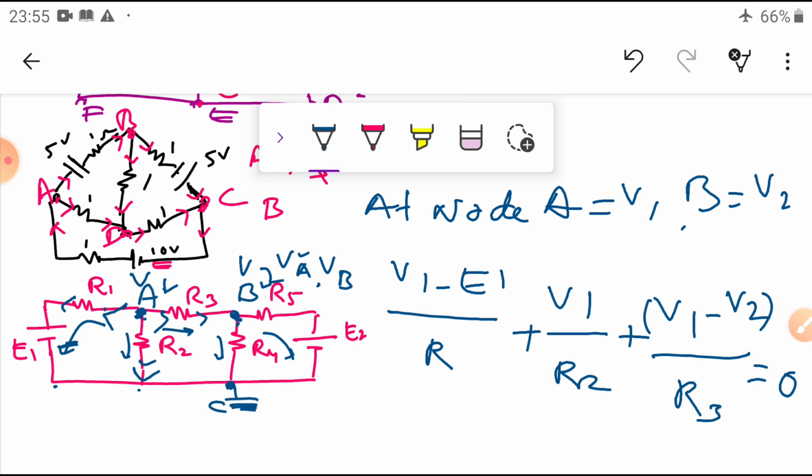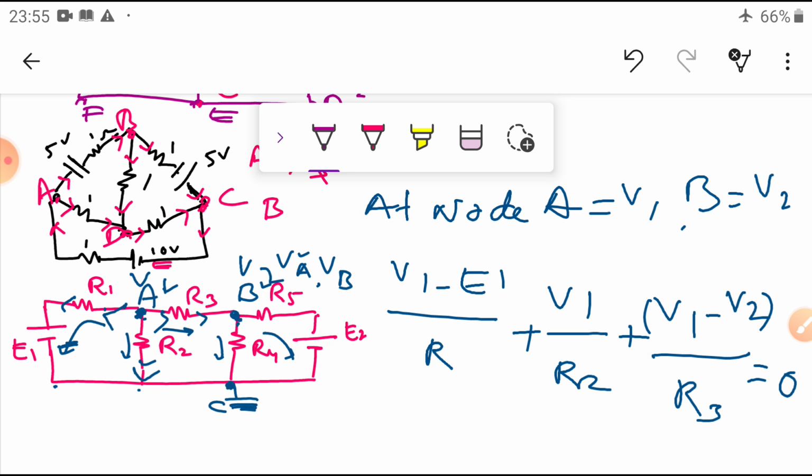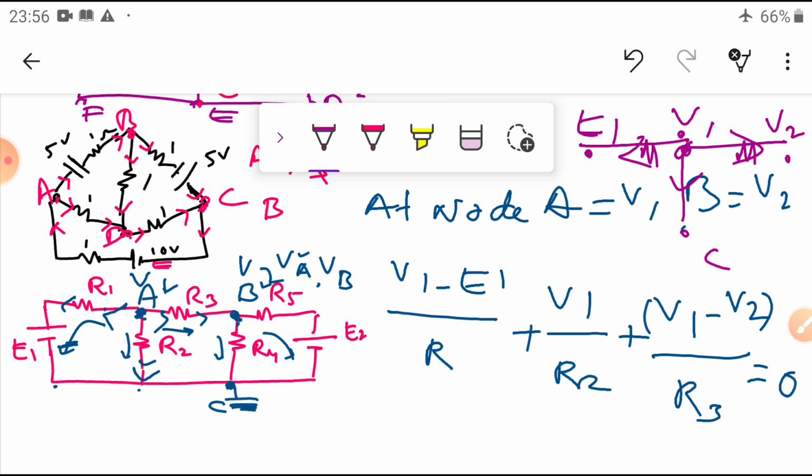Friends, see it. Remember what we have written here. At terminal A, the current is flowing in these directions. We assumed V1 at A, E1 is connected here with some resistance in between, here is V2, another terminal, and here is the C terminal, the reference.